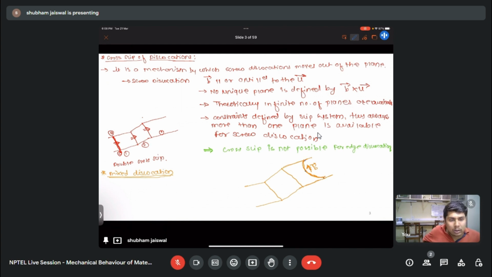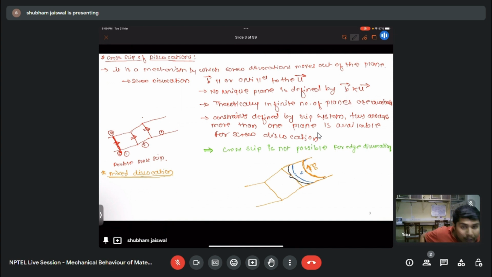When the dislocation moves in this direction, it will come near this place. But as soon as it touches the intersection line, the screw component of the dislocation will try to cross slip.